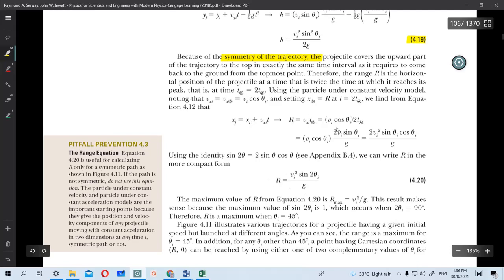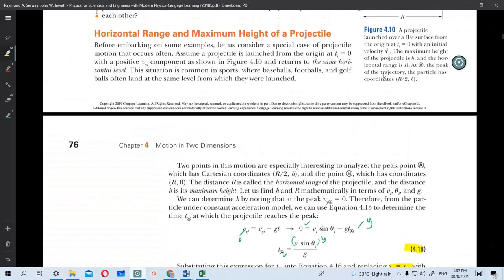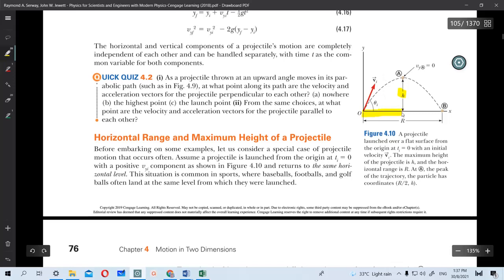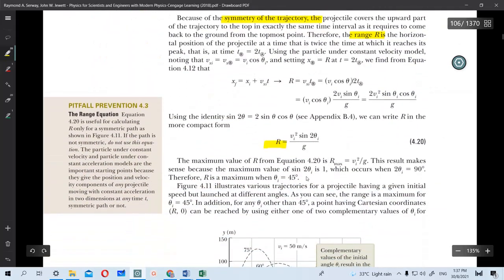This is the derivation to get what we call R. What is R? R is range, the horizontal position, the whole length from the start up to where it lands onto the ground. So the R distance is the total X displacement in the case of symmetry.